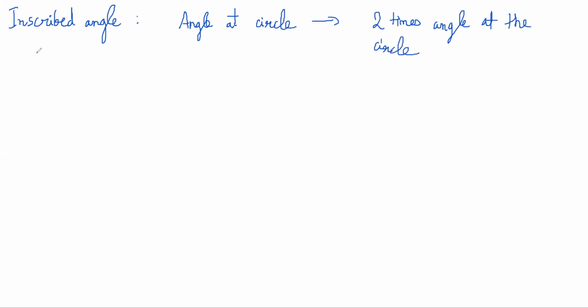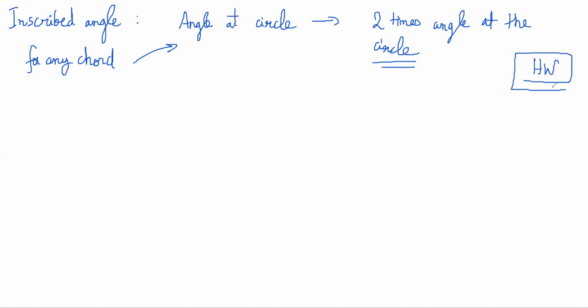For any chord, the angle at the center is double the angle at the circle. I will give this as homework. Just do this yourself. Prove the inscribed angle theorem.